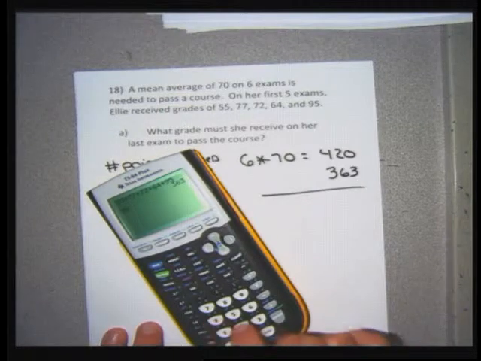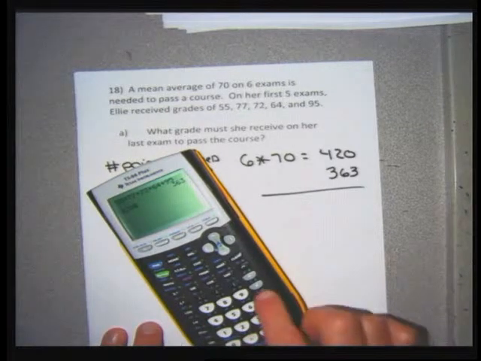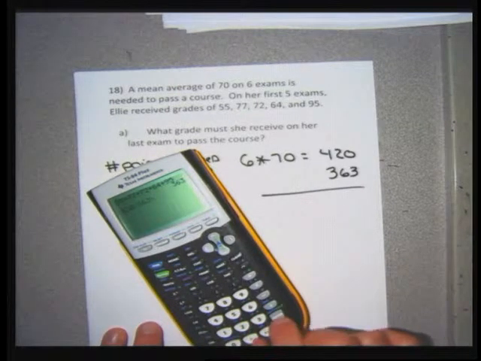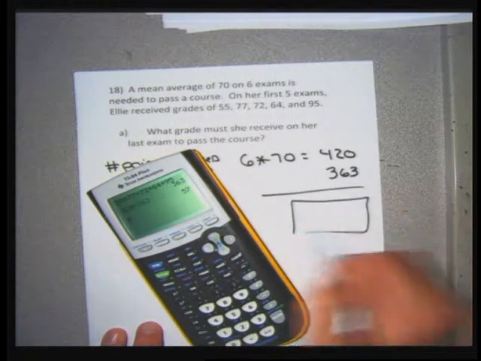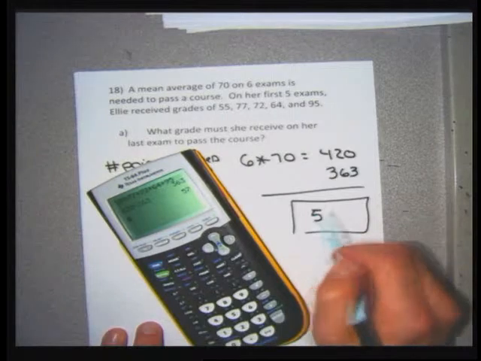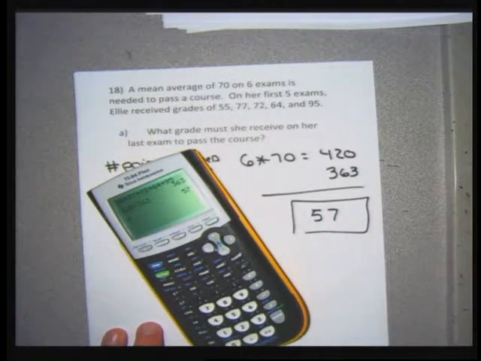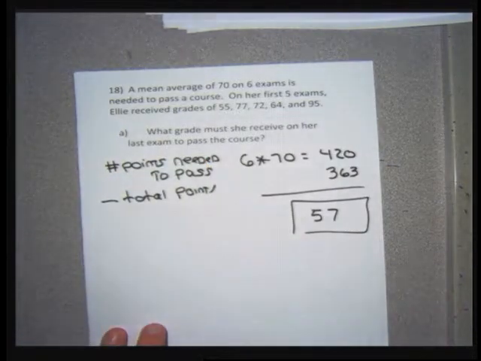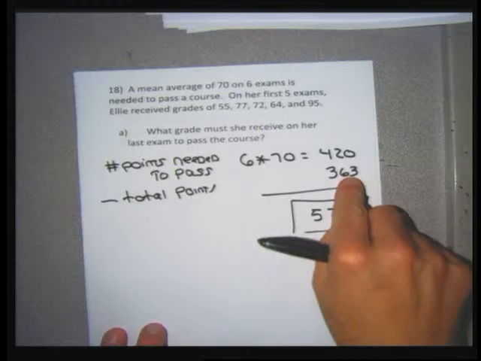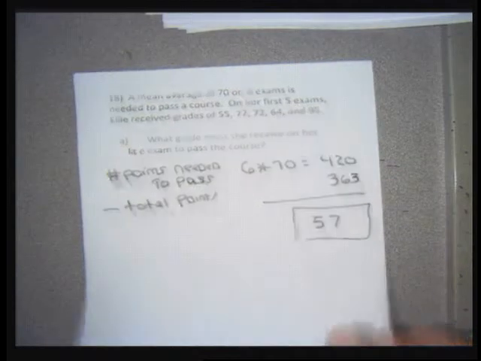So I would go 420, which is the total points needed to pass, minus 363, which is the total points that she has, and the answer to part A of number 18 is she's going to need 57 points on her last test or on her 6th test to get a passing grade. I'll have to carry this 363 forward, I imagine, quite a bit.